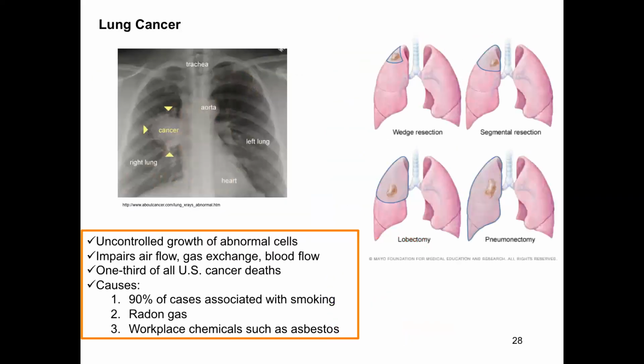Now, the last thing is lung cancer. Many types of causes, smoking is a big one, all right. So 90% of the cases are associated with smoking. Other things, such as radon gas, up here in upstate New York or central New York, whichever you call it. Radon gas is a big problem here.